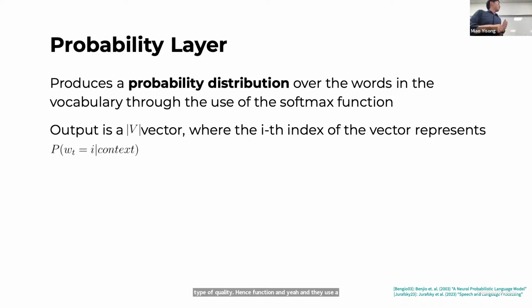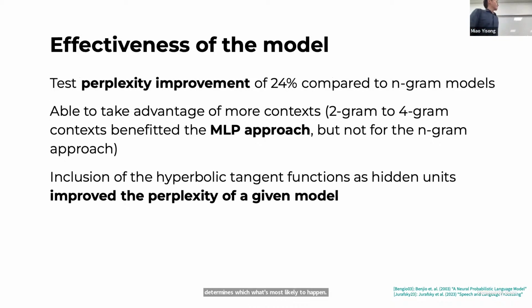And the probability layer is just a layer that determines which word is most likely to happen, with a softmax function to ensure that the probabilities sum up to 1. And they realized that the MLP approach actually helps in terms of longer word context, and that it actually improves the effectiveness of the language model itself.